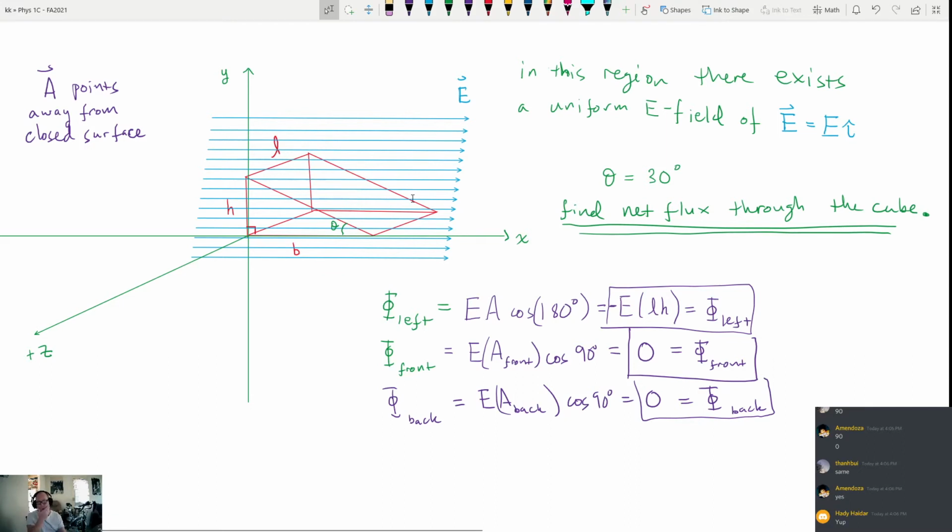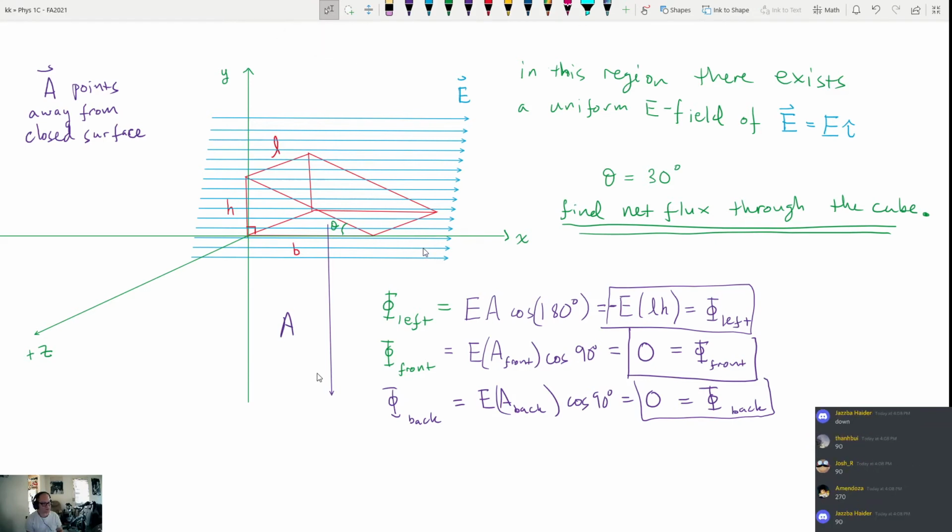Okay, cool. All right, so what do we have left? We've got the bottom surface. Can any of you tell me before I even do it? What's the direction of the area vector for the bottom surface? Type it in the chat. It's down. Right? What's the angle between this area vector for the bottom and the electric field? 90.